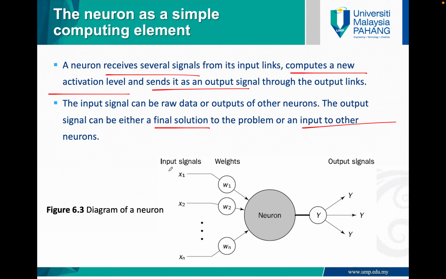These are the diagrams of the neuron. You have the input signals, the weights, and the neuron that does all the learning process, with the function as we have here. These neurons receive signals, compute activation levels, and send the output signals.